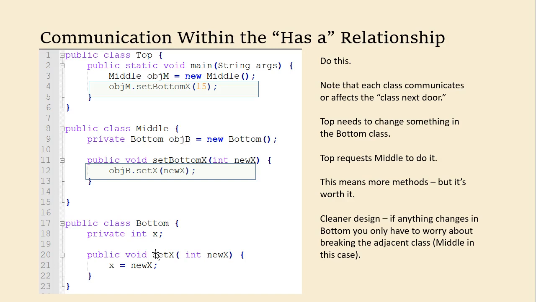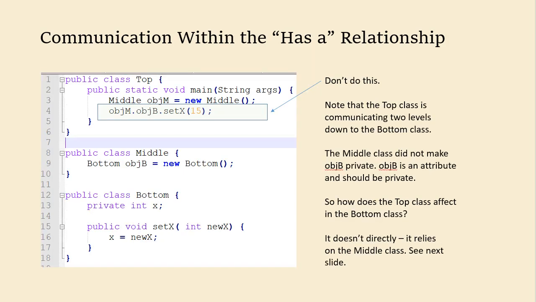Now it seems like it's a little more work because it is a little bit more work. But here's why it's a good idea. Consider if I change the name of object B in the middle class. Now I have to change the name up here too.